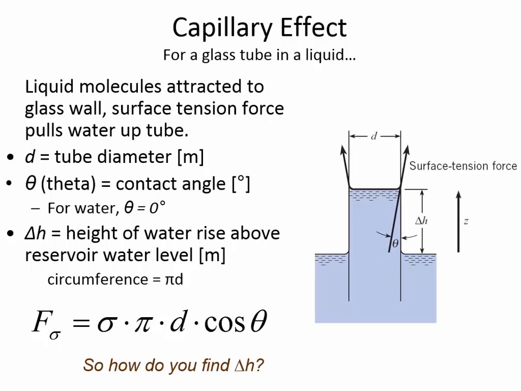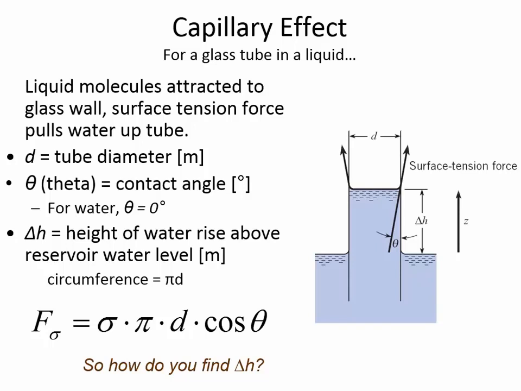And that point is reached when the force due to surface tension is equal to the weight of the water, which is acting downward. And so if we do the sum of the forces in the vertical direction, what we could say is that the surface tension force minus the weight is equal to 0.